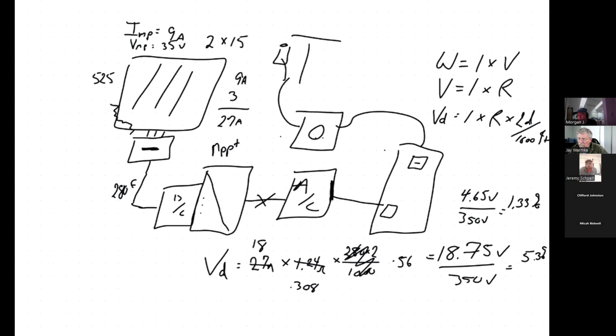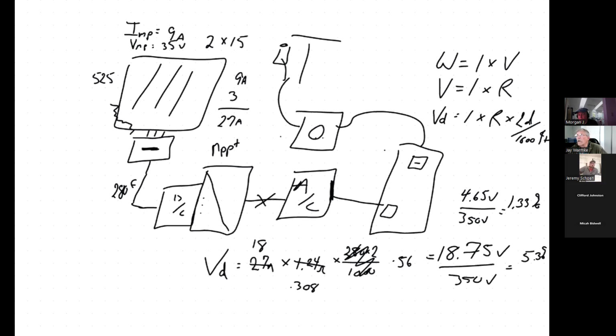So going back to the 10 gauge, let's see what would happen. 18 amps times 1.24 times 0.56 gives me 12.5, and 12.5 divided by 525, which is the voltage, gives me just over 2%.